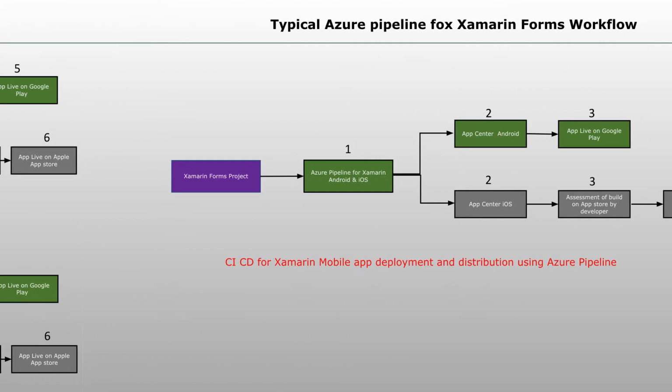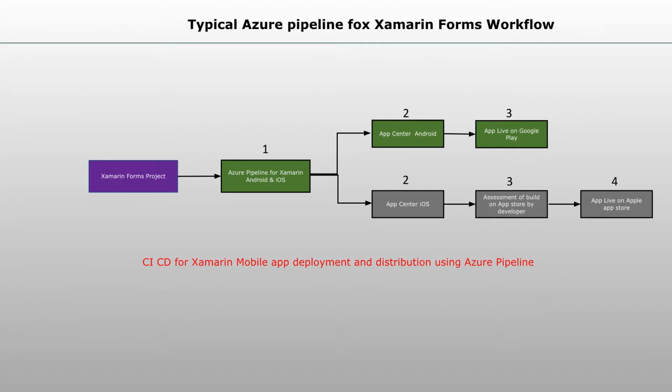Then we will show you how Azure Pipeline and App Center save your life and time and increase your productivity, so you focus on development instead of deployment and processing, because the same repeated work might throw errors and kill your entire time.